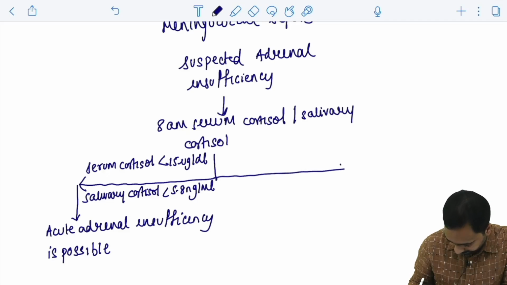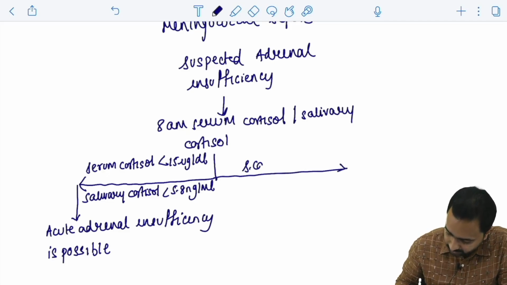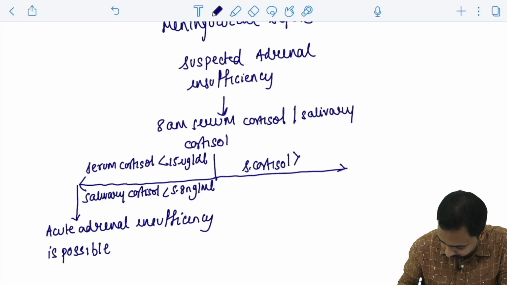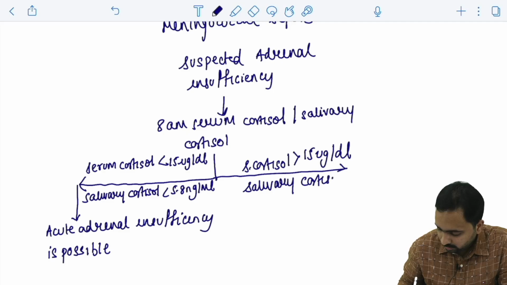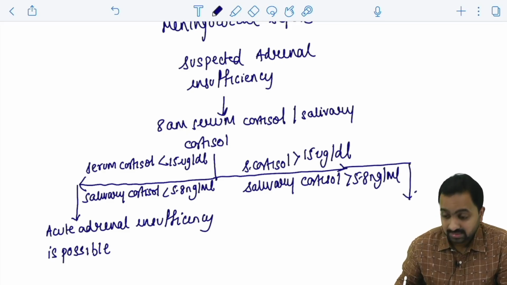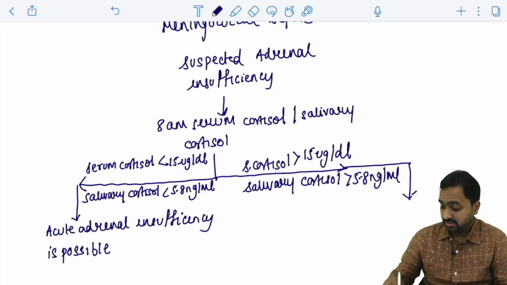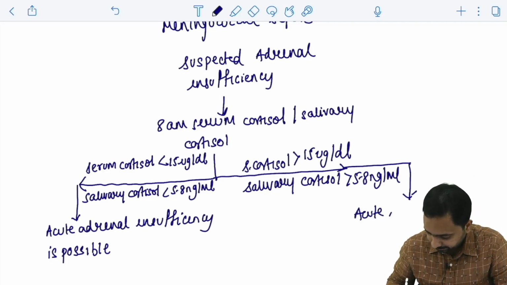On the other hand, if the serum cortisol is more than 15 microgram per deciliter or salivary cortisol more than 5.8 nanogram per milliliter, then adrenal insufficiency is going to be unlikely.